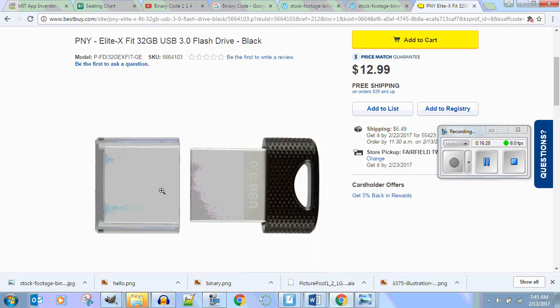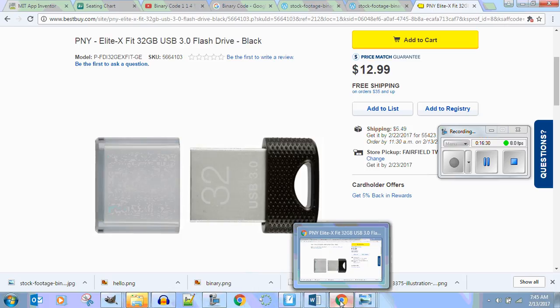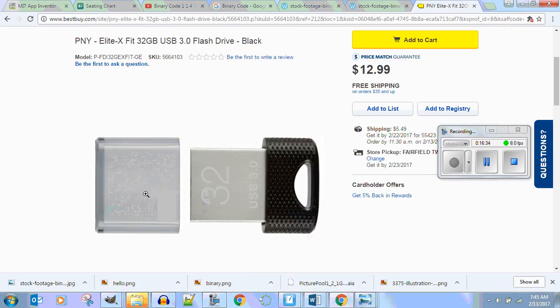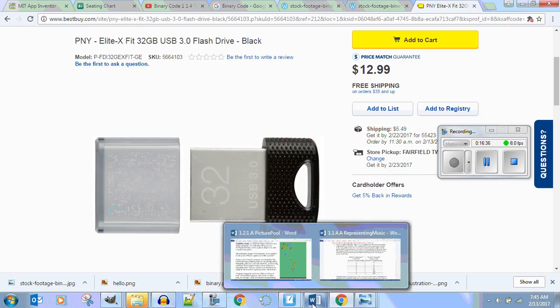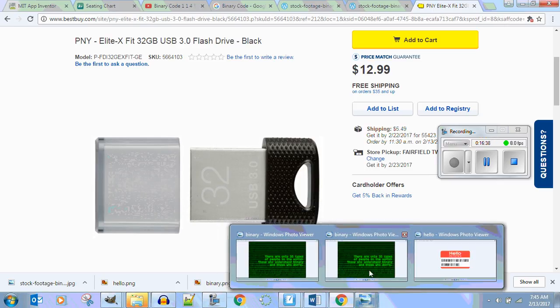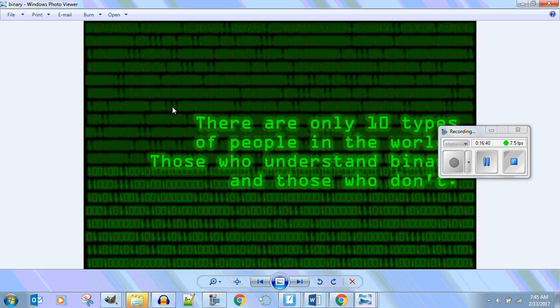So what is stored in here? Do you guys know what's stored in here? What goes in here are these zeros and ones. You're storing zeros and ones.